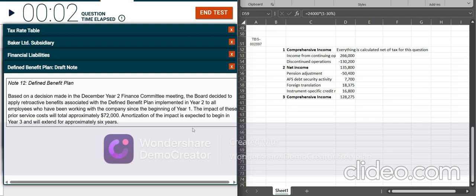The impact of this prior service cost will total approximately $72,000. Amortization of the impact is expected to begin in year 3 and will extend for approximately 6 years.